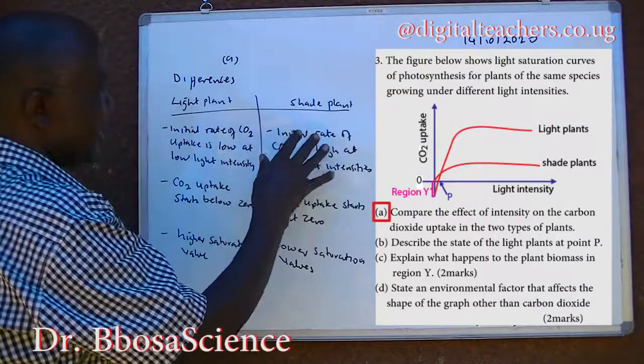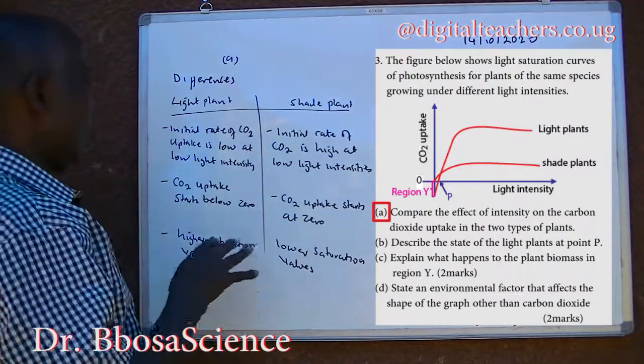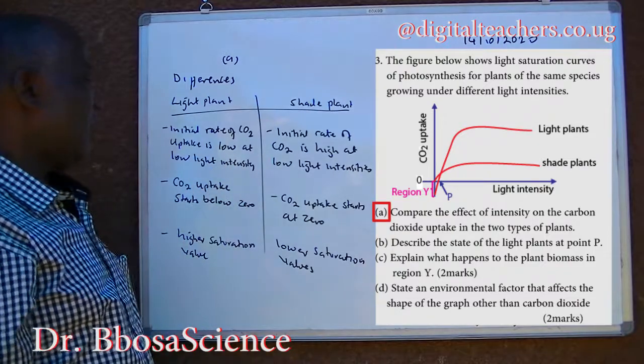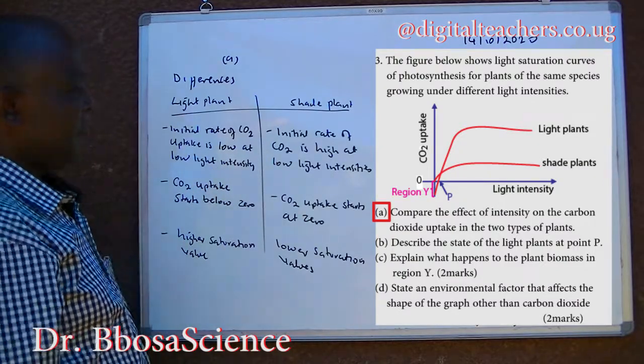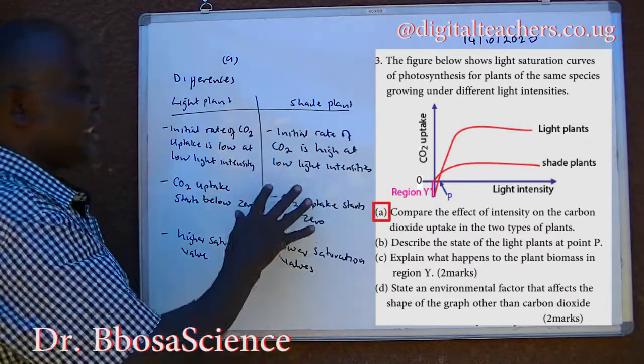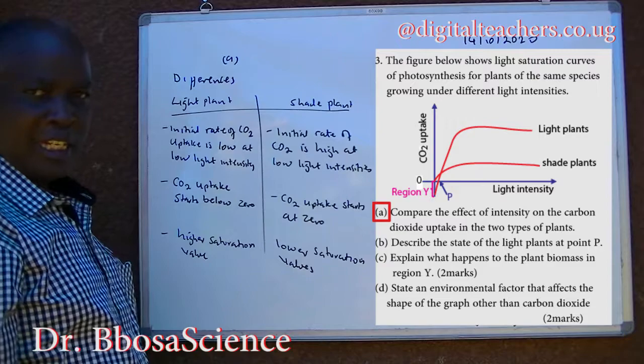Differences: light plant, shade plant. Initial rate of carbon dioxide uptake is low at low light intensity. Initial rate of carbon dioxide uptake is high at low light intensity.